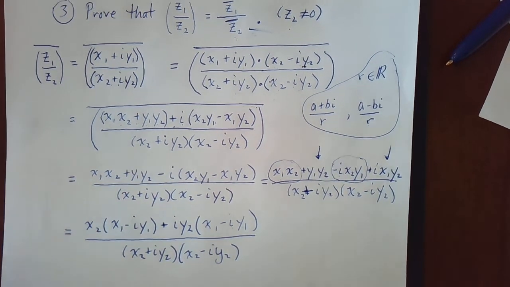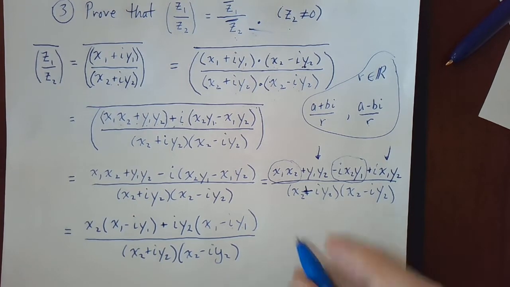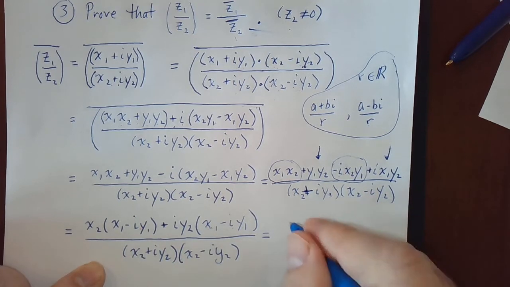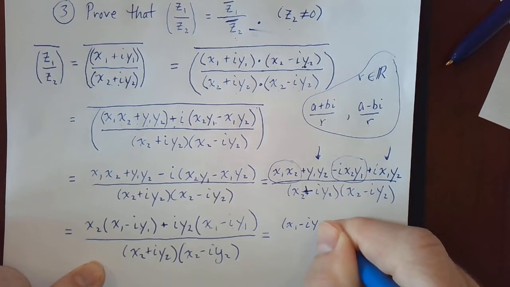Well, this is equal to, maybe I'll move to the right, we have two terms in the numerator. They have a common term. Let's factor it out, x1 minus i y1.